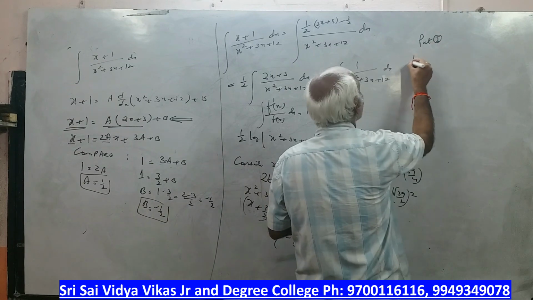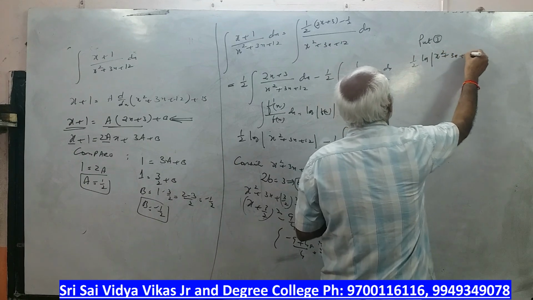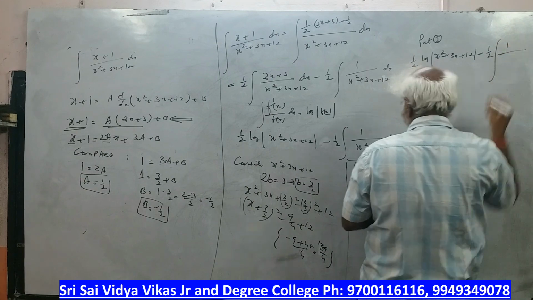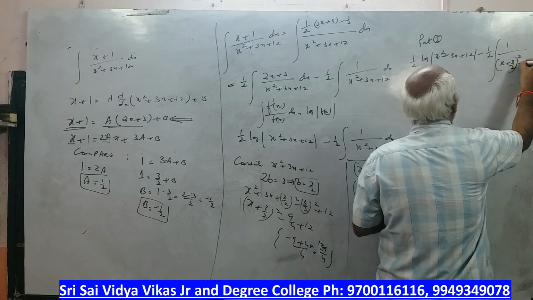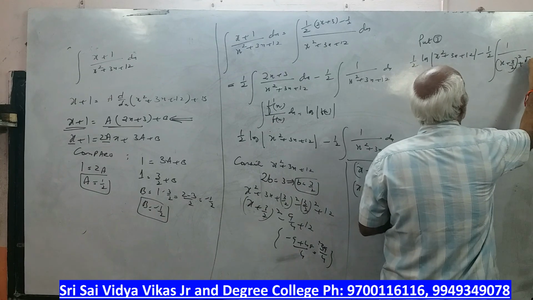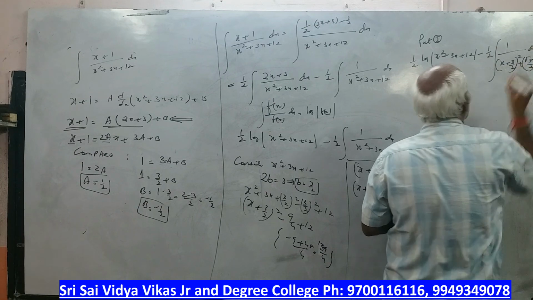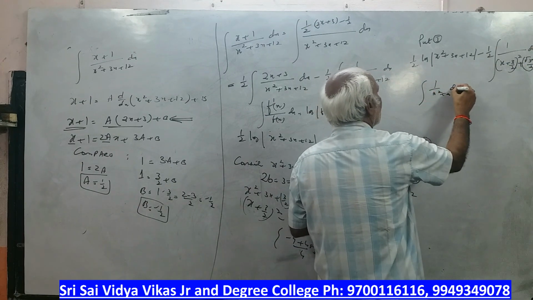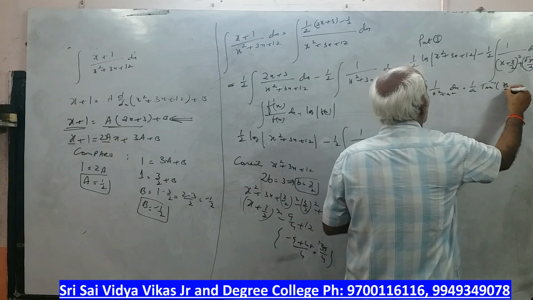Already we got 1 by 2 log of x square plus 3x plus 12 minus 1 by 2 integration of 1 by ... dx. So which formula? 1 by x square plus a square dx is 1 by a tan inverse x by a.